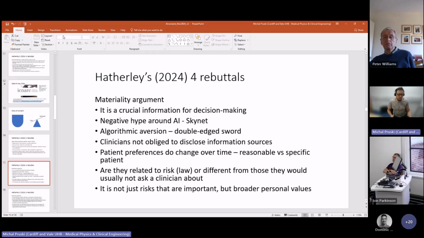But if there's a general aversion to AI and clinicians are also averse to it, then algorithmic aversion is a double-edged sword because it ensures that clinicians don't blindly follow AI recommendations. So you know that a lot of the risks related to the use of AI wouldn't materialize.